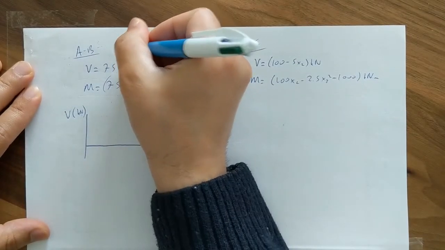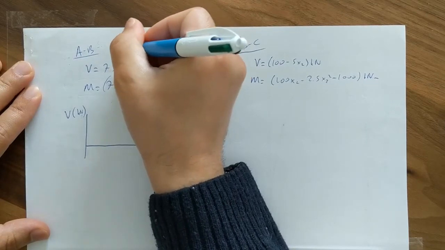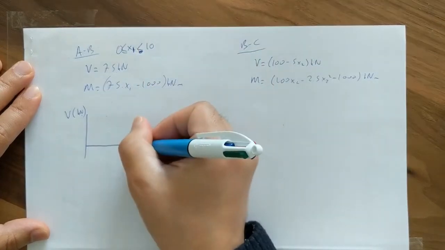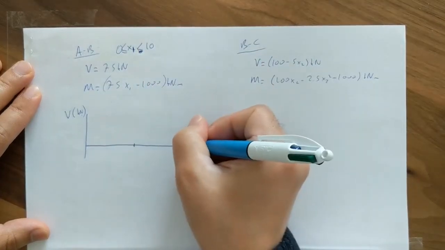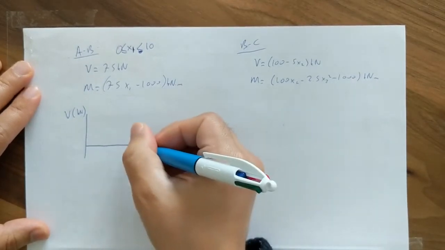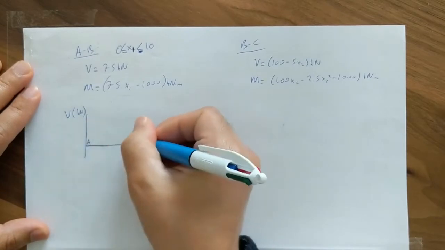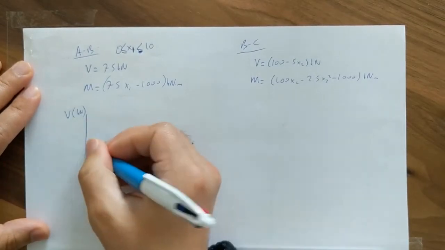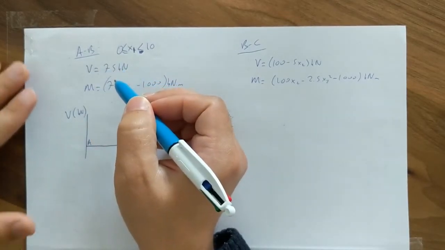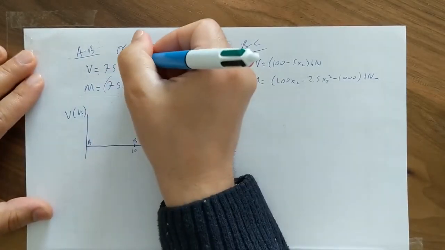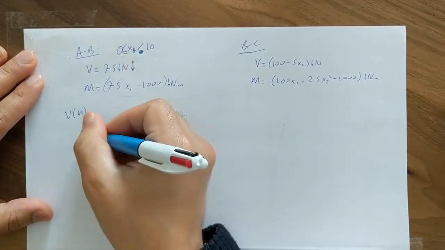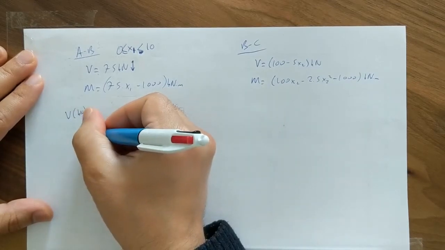For when x1 was between 0 and 10, this point 10 is point 20, also called A, B, C. Between A and B, V is 75 kilonewton, and we know that this is the direction and it is positive for the shear diagram.